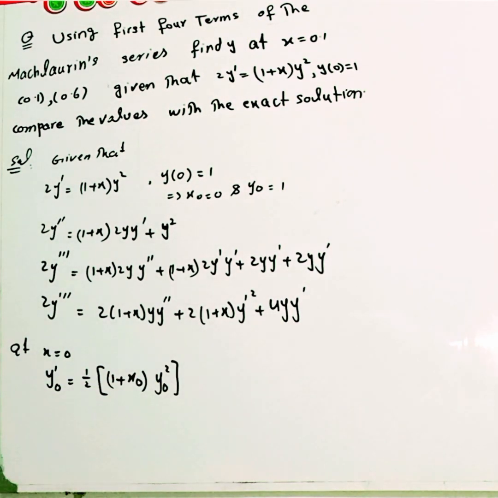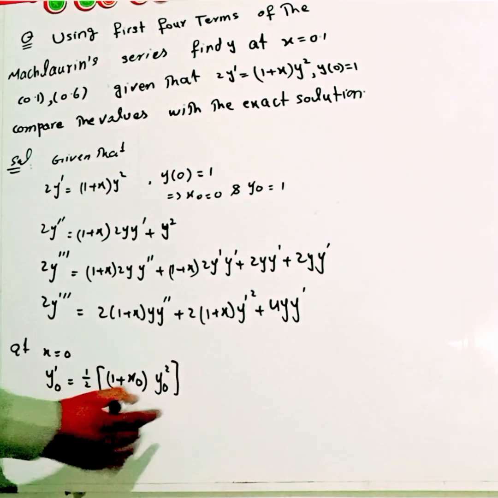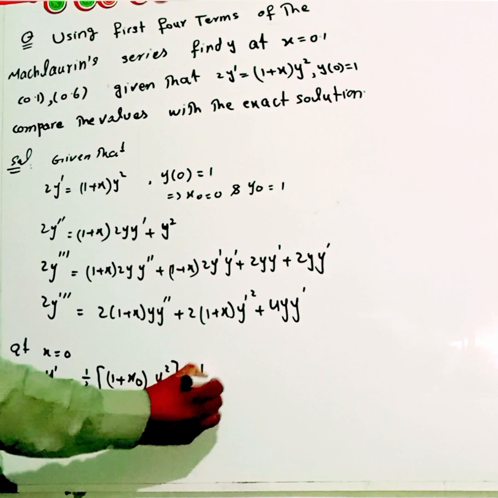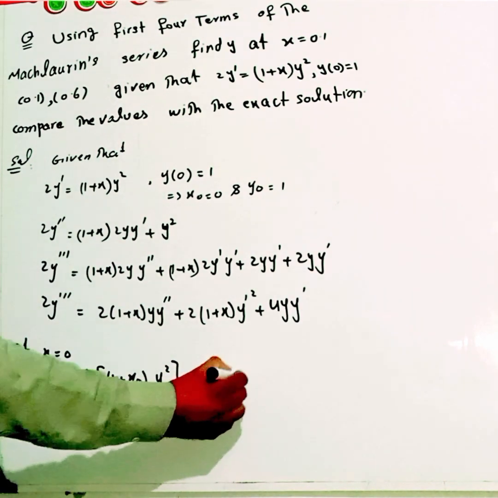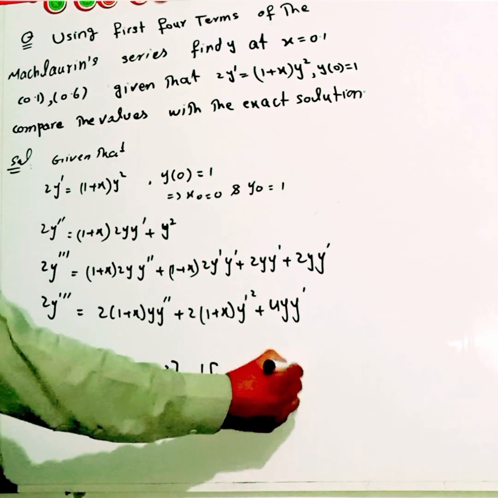Putting the values x naught equal to 0 and y naught equal to 1, we have 1 by 2 into (1 plus 0) multiplied by 1 square, which is equal to 1 by 2.